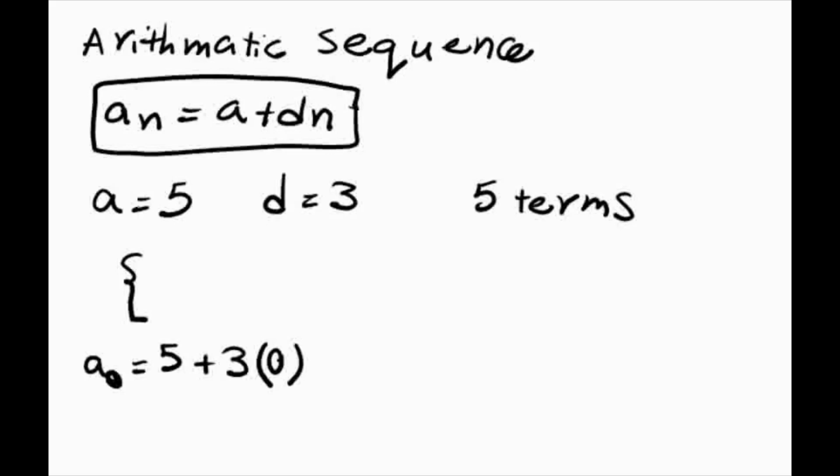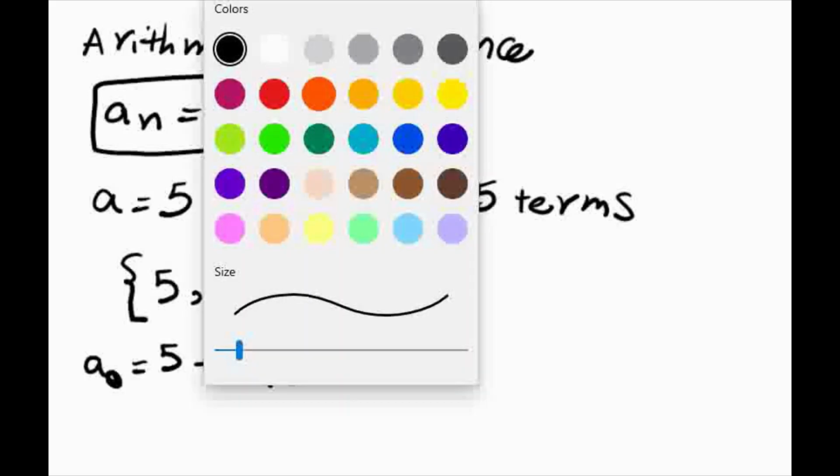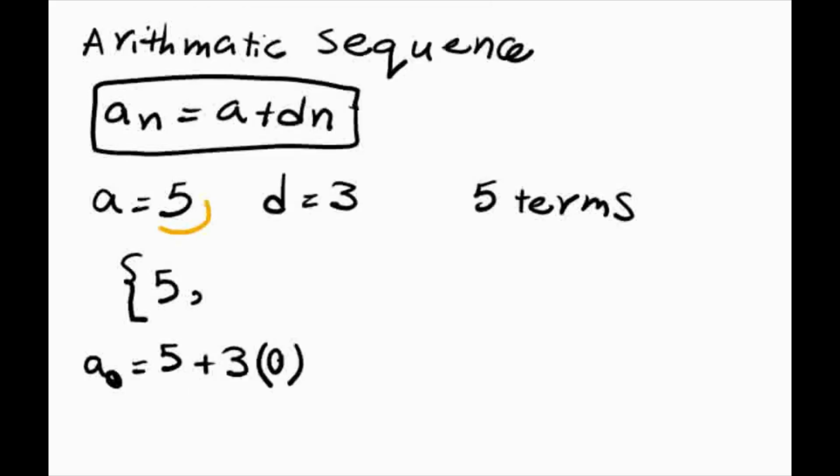So a sub 0 is equal to 5 plus 3 multiplied by 0. So my first term is going to be 5. So our first term is always going to be our a, because anything multiplied by 0 is going to be 0, so we are not adding anything to it.